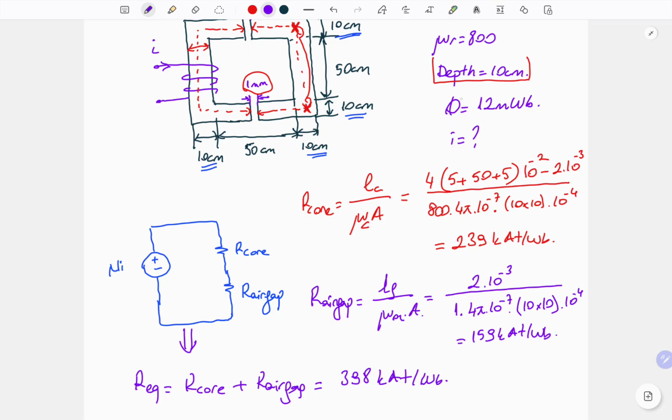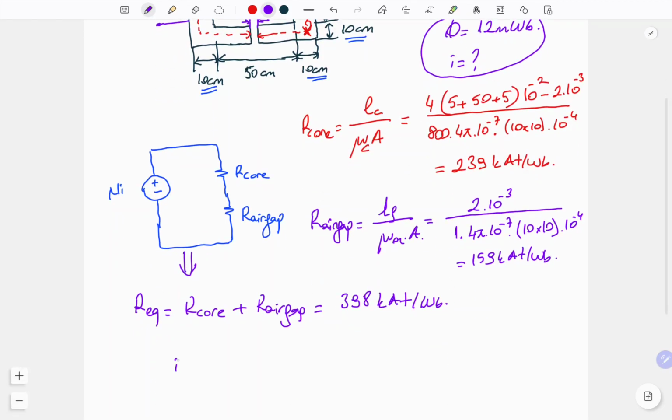Now we can focus on the question, which is: if we want to produce a flux of 12 milliweber, how much current must we apply? So the current will be flux times reluctance over number of turns.